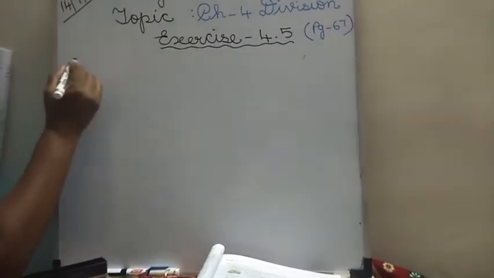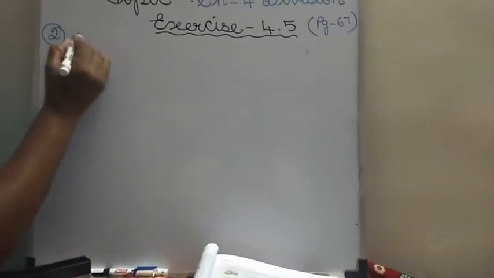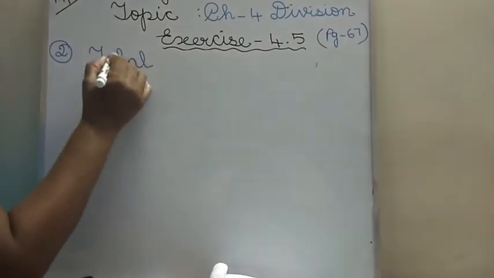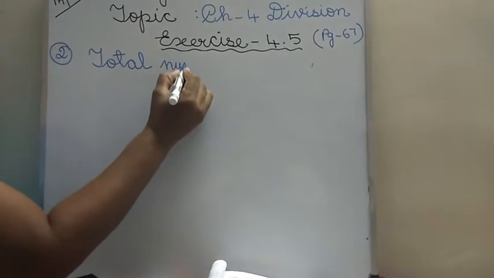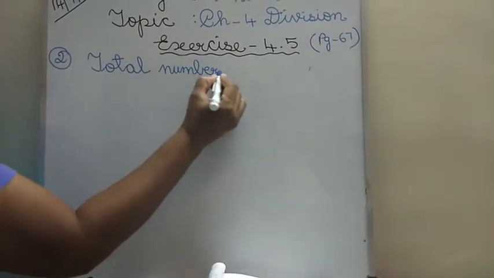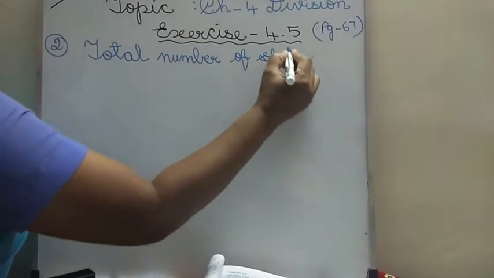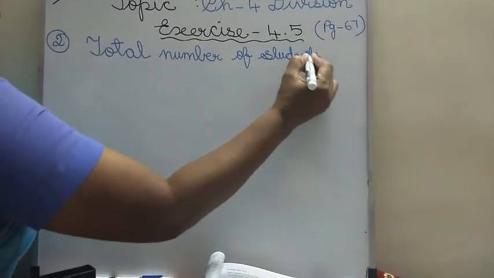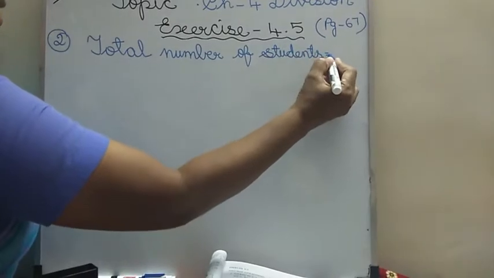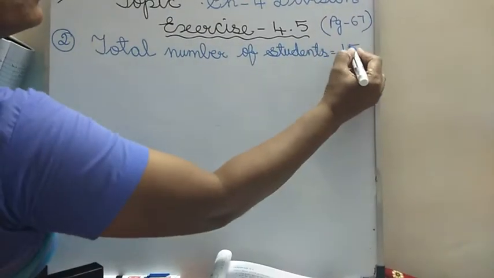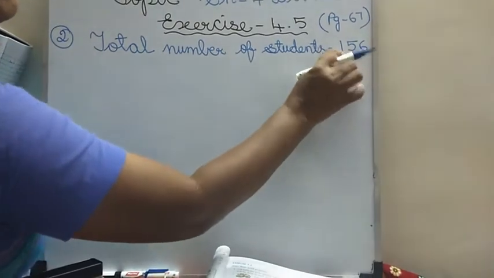So second sum. Total number of students. So total number of students, how many of them are there? Can you see the book and check how many students are there? 156.